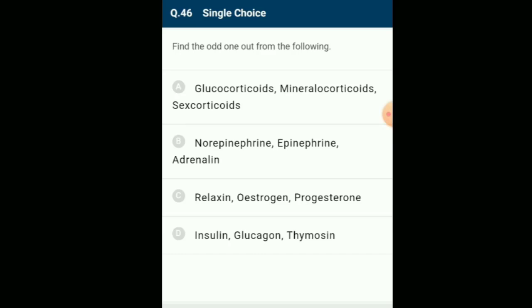Relaxin, estrogen, and progesterone are hormones of the female gonads. Insulin and glucagon are hormones of the pancreas, and thymosin is a hormone of the thymus gland. So the answer for this question is option D: insulin, glucagon, thymosin.